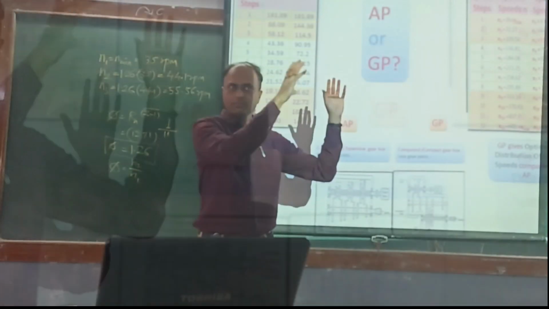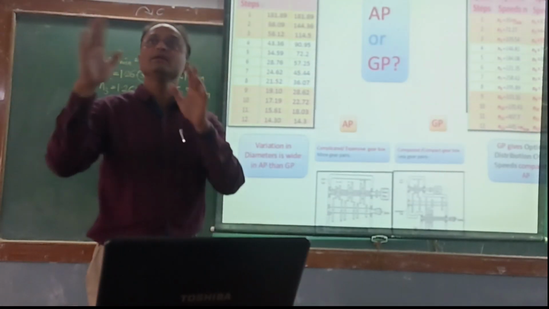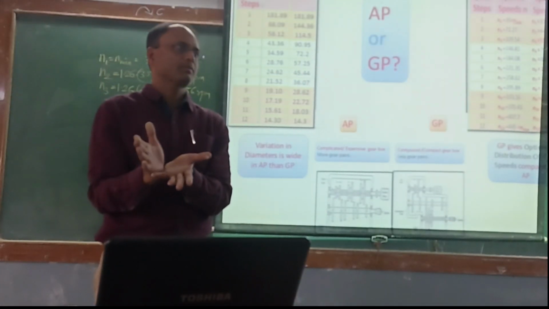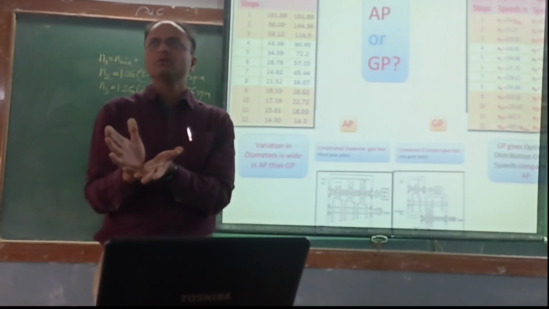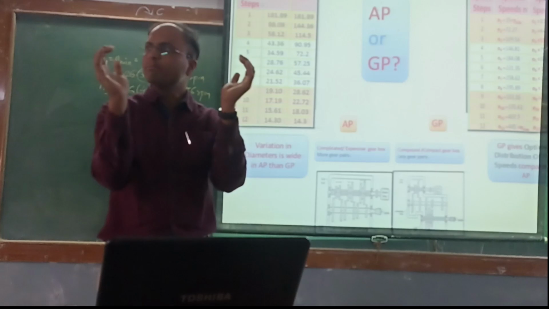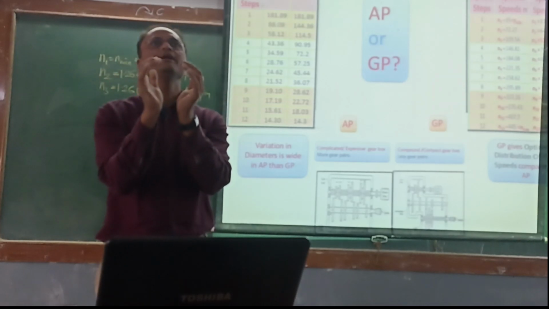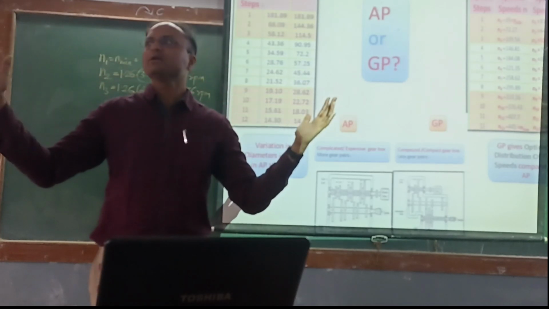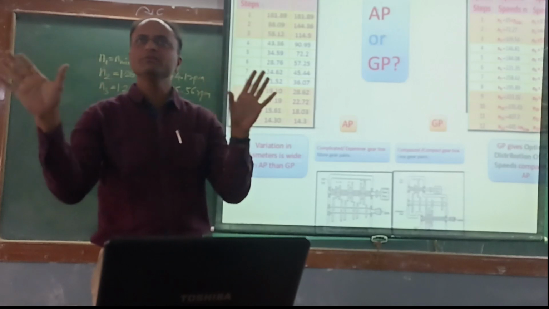By using these values we have to later design the gearbox and its layout. That is our aim. So if you go by geometric progression, you get compact construction. By using arithmetic progression, you get bulky construction. Have you understood the differences?